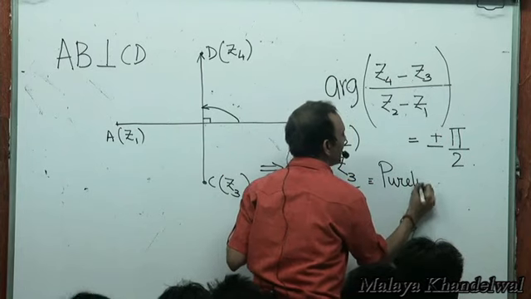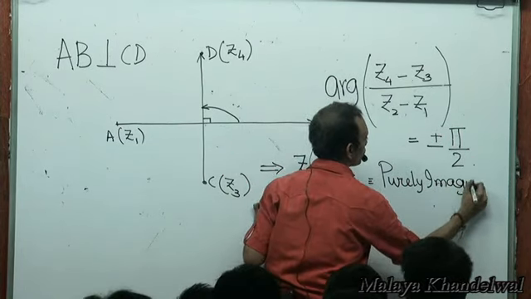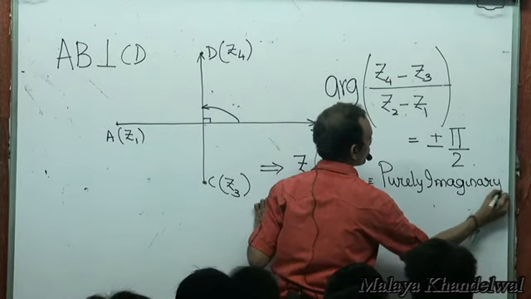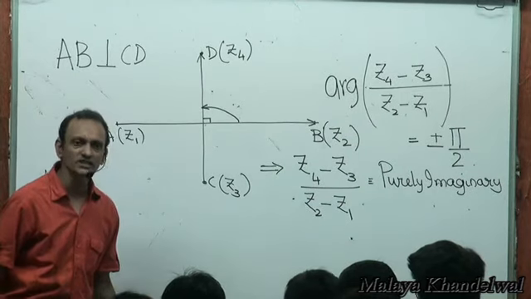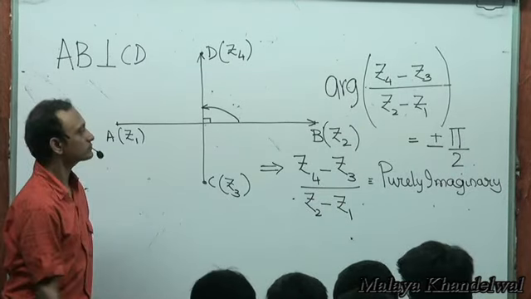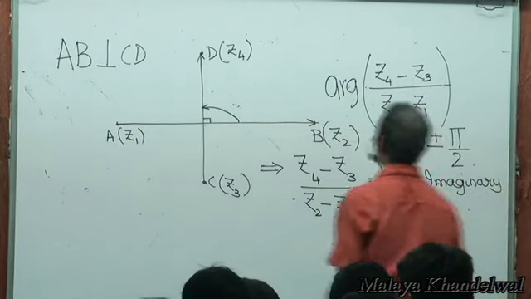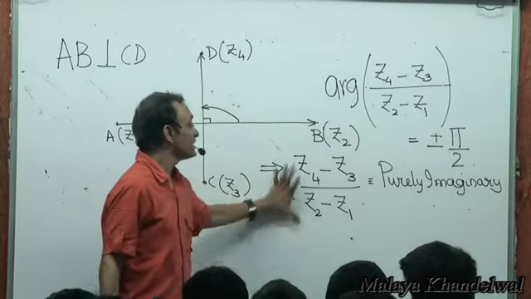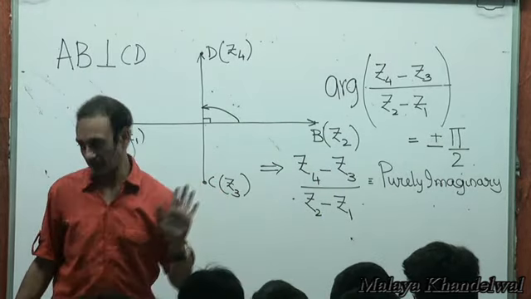That means it must be I times a purely real number. Yes or no? If this happens, then AB will be perpendicular to CD.